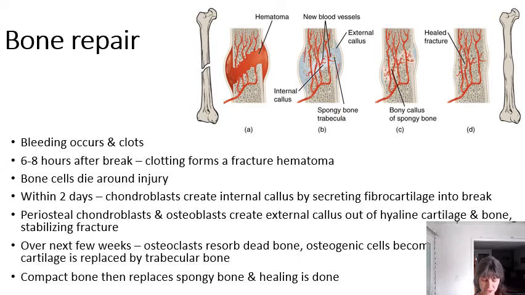Within approximately 2 days, new blood vessels grow into that fracture hematoma. Fibroblasts and chondroblasts invade that fracture site from the nearby periosteum and endosteum. The fibroblasts produce collagen fibers that span the break and connect the broken bone ends.